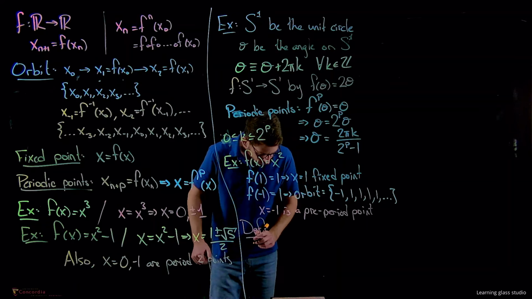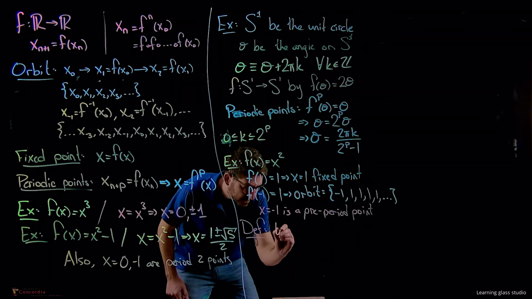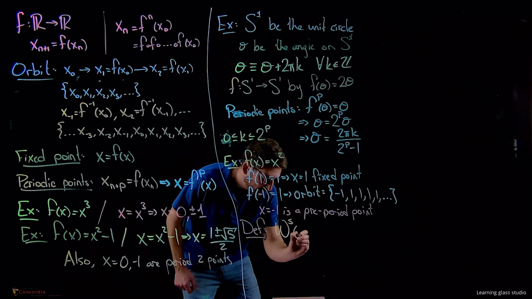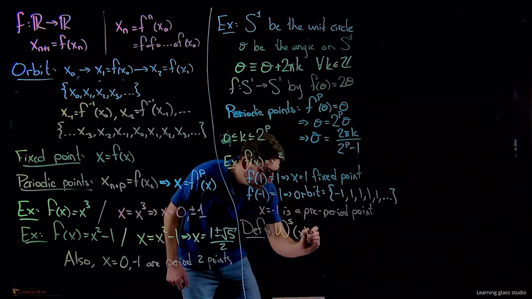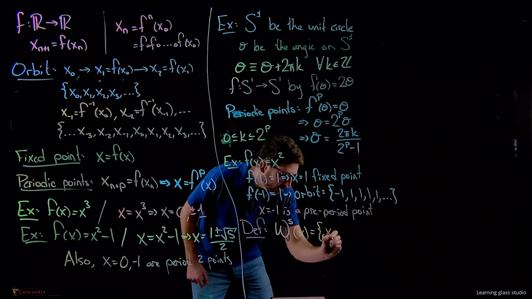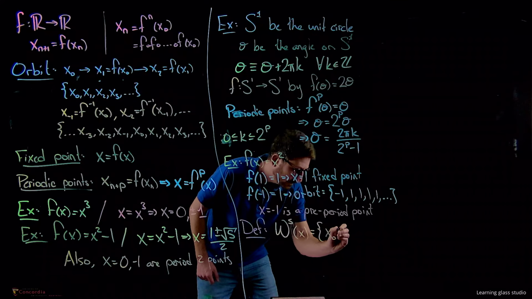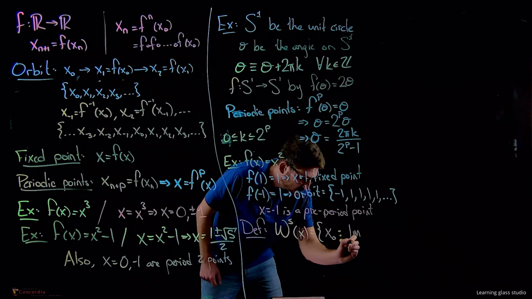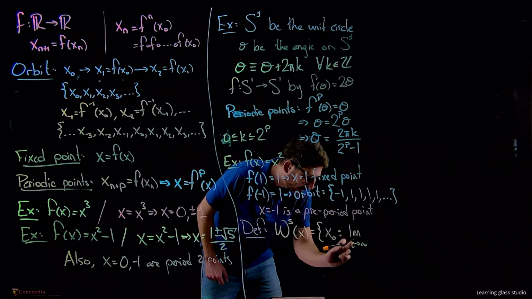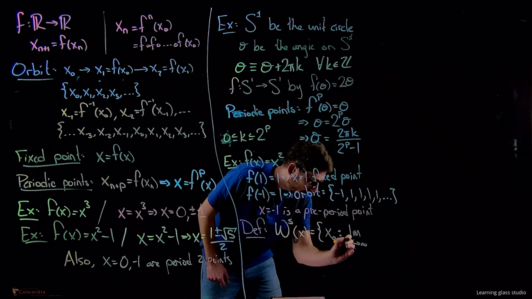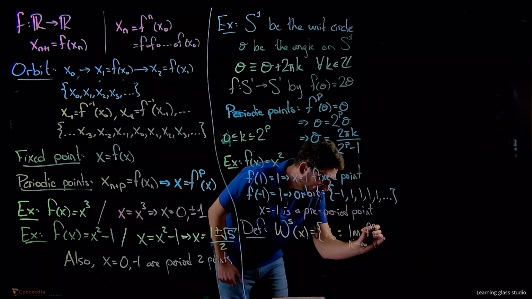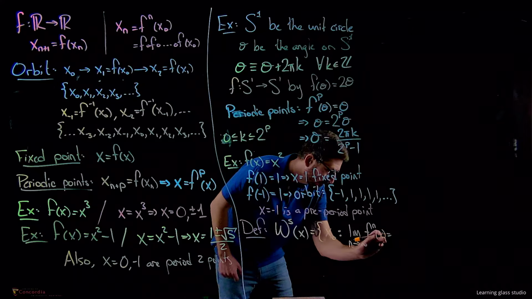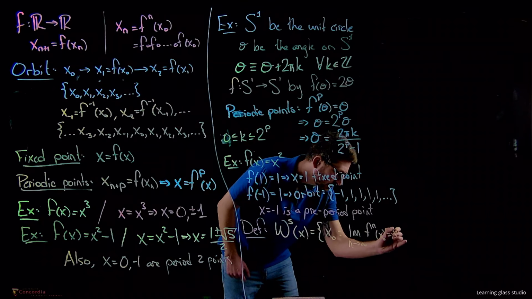We can say that the stable manifold of a periodic point x is equal to all of the initial conditions such that the forward orbit, the limit as n goes to infinity of f^n of x0, is equal to x.